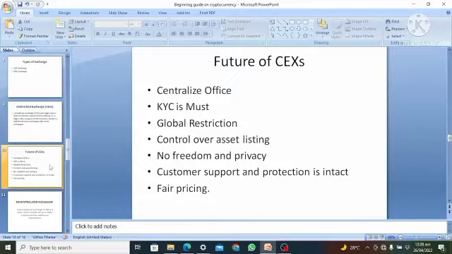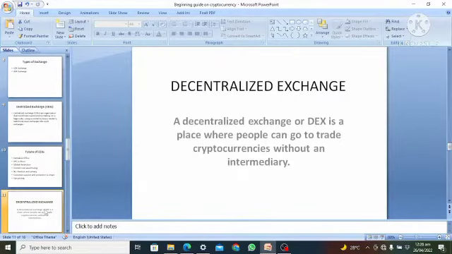Let's move to the next one, which is decentralized exchange. A decentralized exchange is a place where people can go to trade cryptocurrencies without an intermediary. This is what it means.